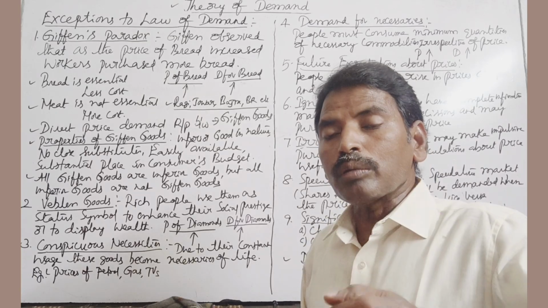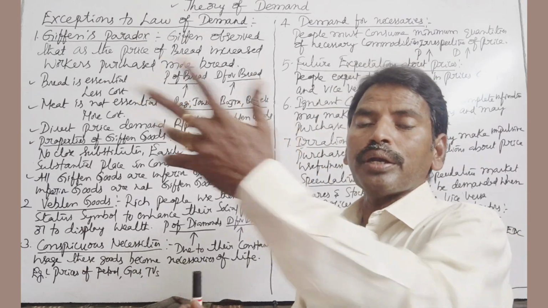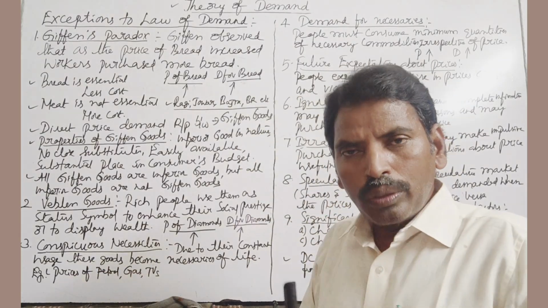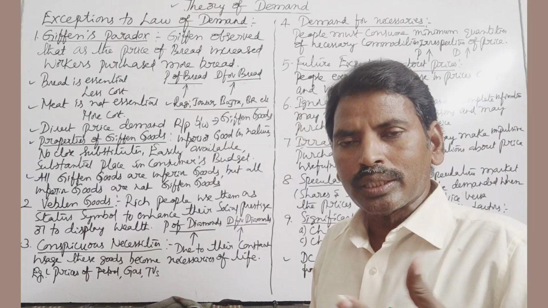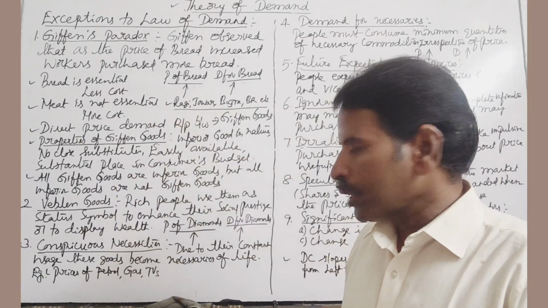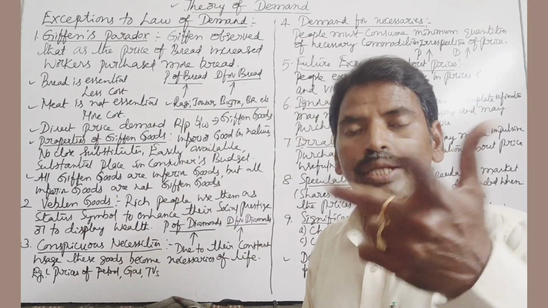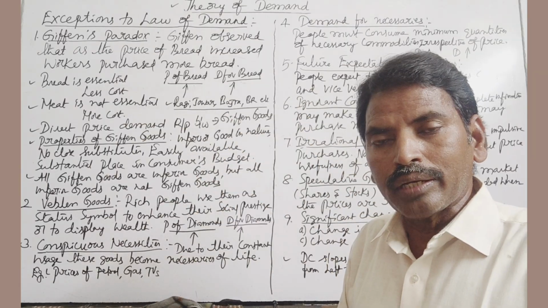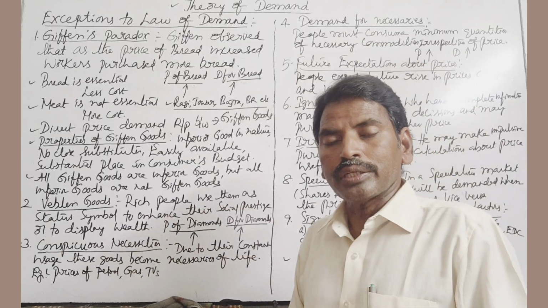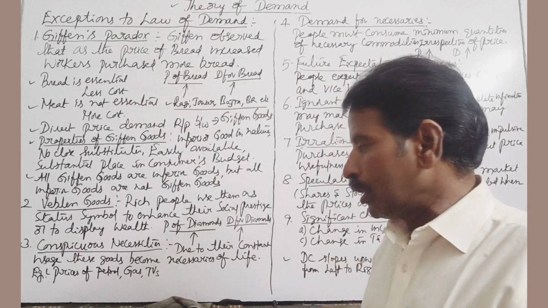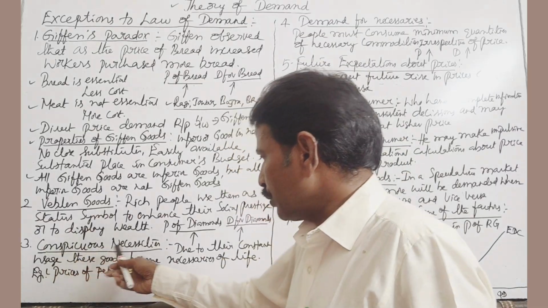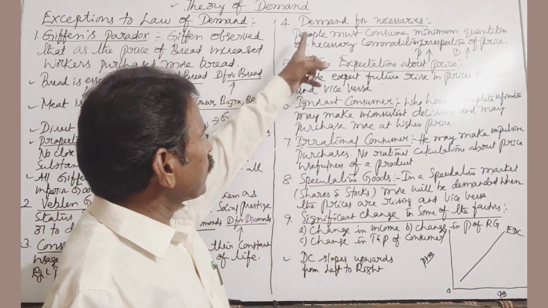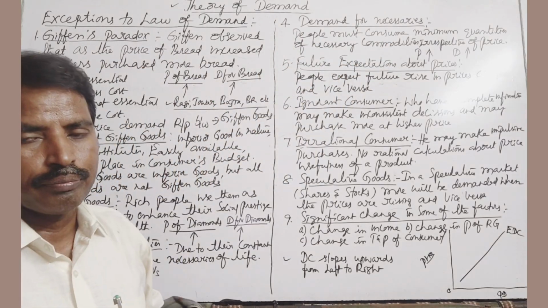If the price of the commodity increases, we demanded more. If the price of petrol increases, the people demanded more. If the price of cooking gas increases, the people demanded more. Likewise refrigerator, likewise television, etc. Those are called conspicuous necessities.